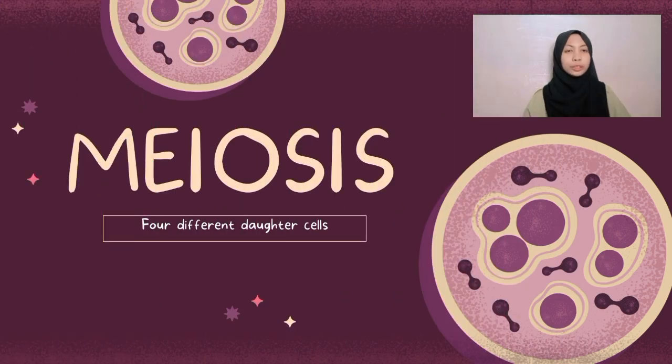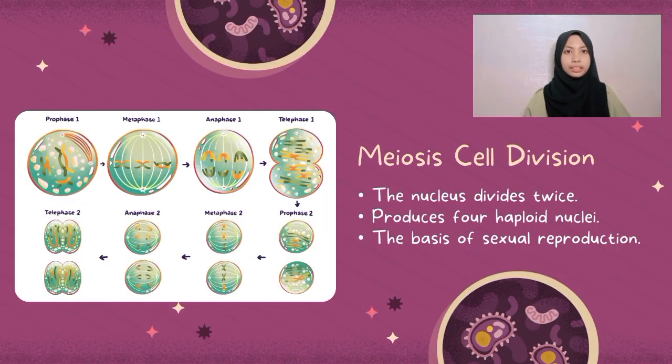Now, let's move on to the topic meiosis. In contrast to mitosis cell division that occurs in body cells, in meiosis cell division that occurs in gamete cells, the nucleus divides twice.